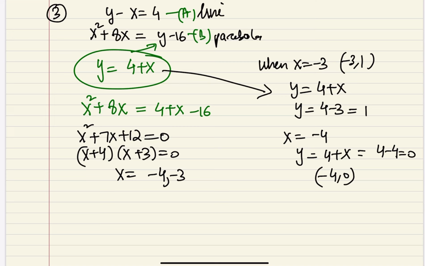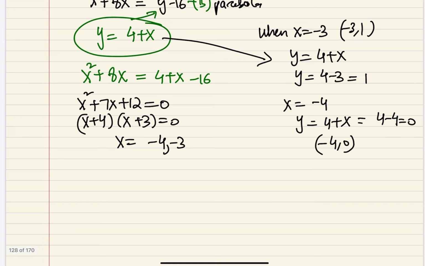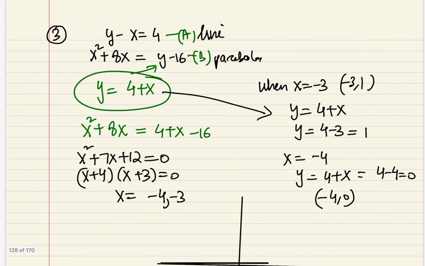And in this case, we had a parabola as well as a line, and negative 3 comma 1 and negative 4 comma 0 are my two solutions here. I'm not going to spend too much time graphing, but I think it is going to look something like this, a parabola and a line, and the line is y minus x equals 4, or y equals x plus 4.